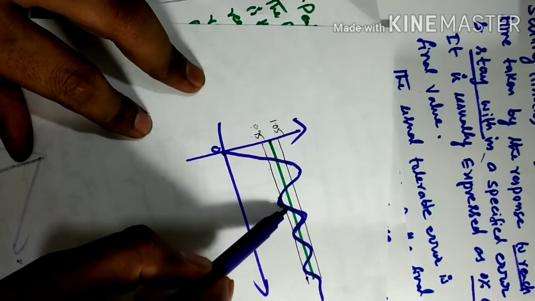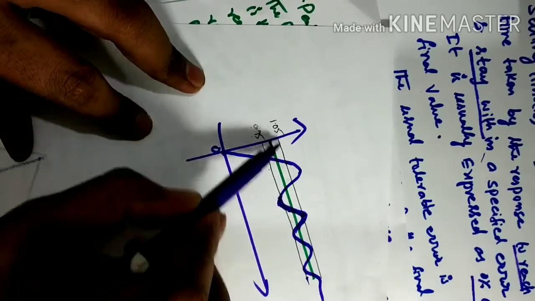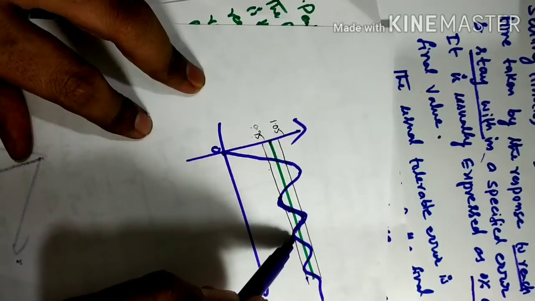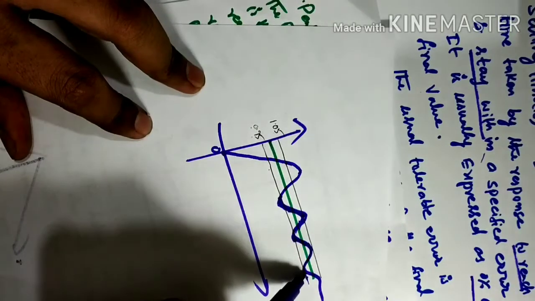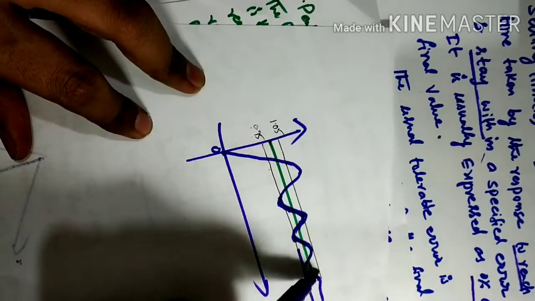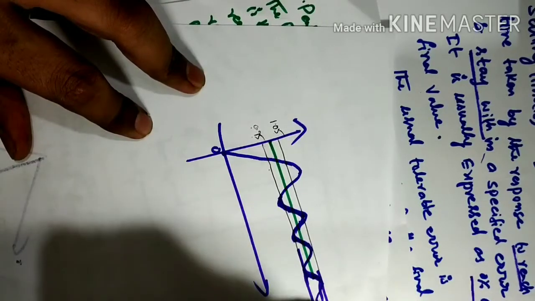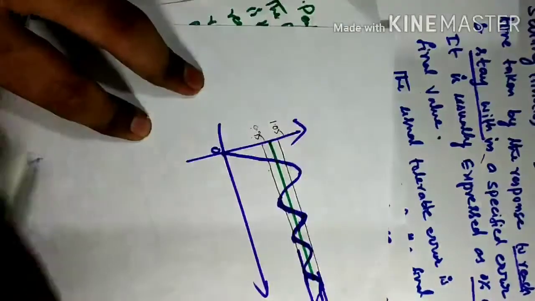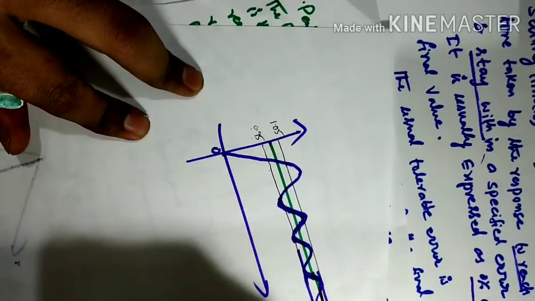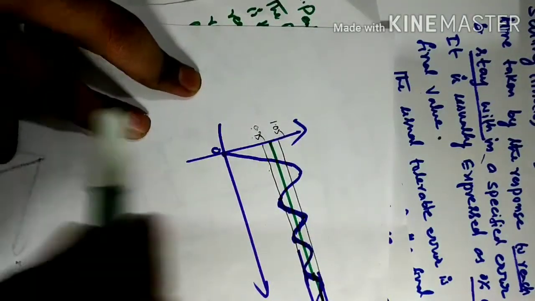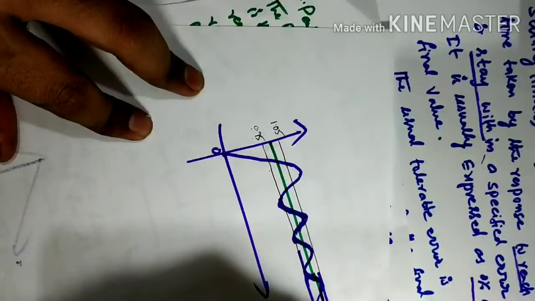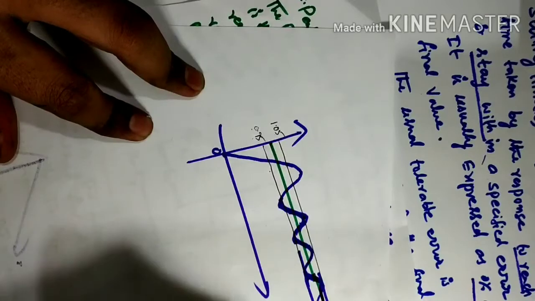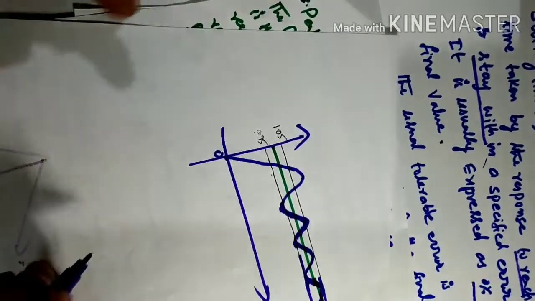This is also below that, this also above this line, and here also below. After that, it is within the specified error, so it will not go away. After some time, this is the settling time. There is a small gap here, which is called steady state error, when t approaches infinity.